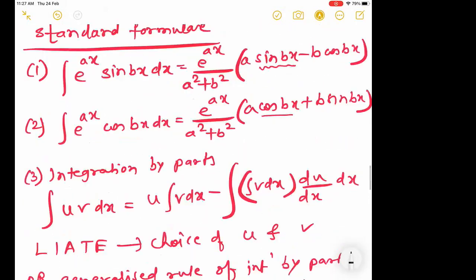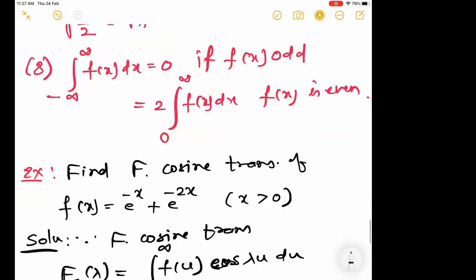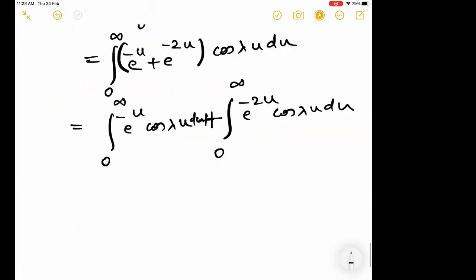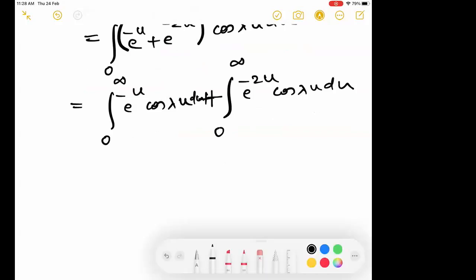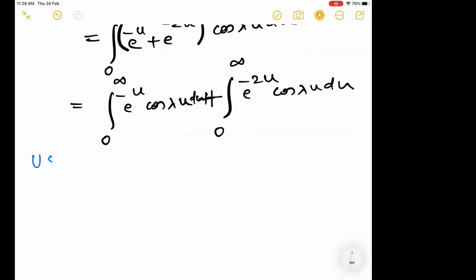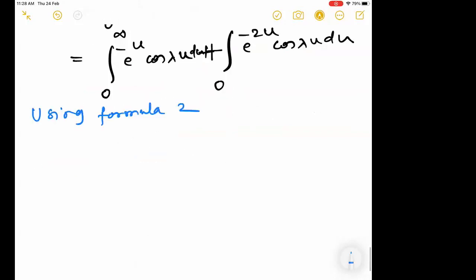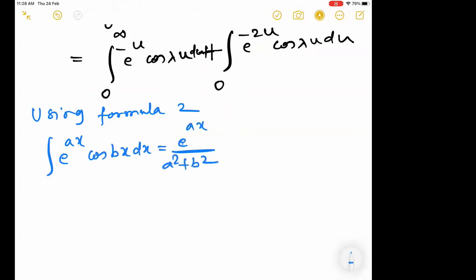You only have to identify what a and b are. So using formula 2: integral e raised to ax cos of bx dx is e raised to ax upon a square plus b square into (a cos bx plus b sin bx).